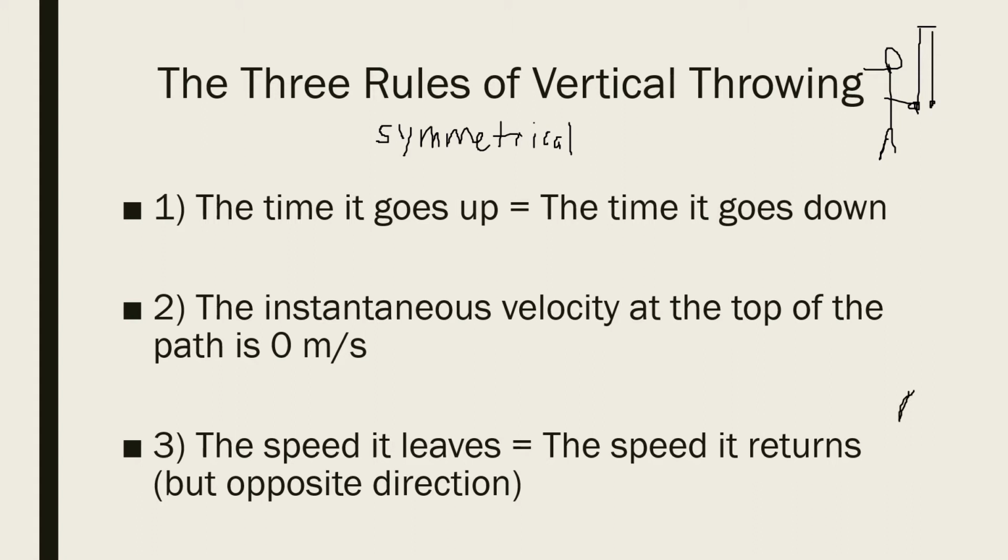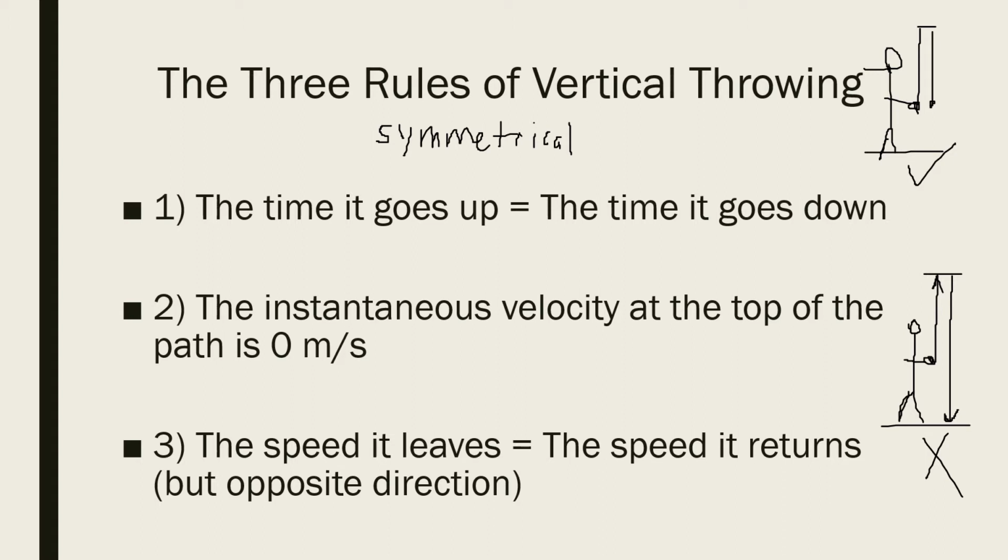It would look like something like this. If you threw it up into the air, but then let's say you didn't catch it and it fell back a greater distance than it went up, and the distance up did not equal the distance down, that would be asymmetrical vertical throwing. We will never do that in this class. We will only do symmetrical vertical throwing.